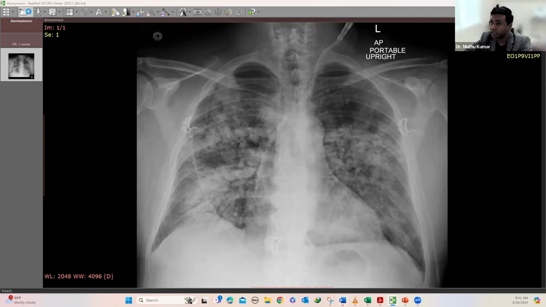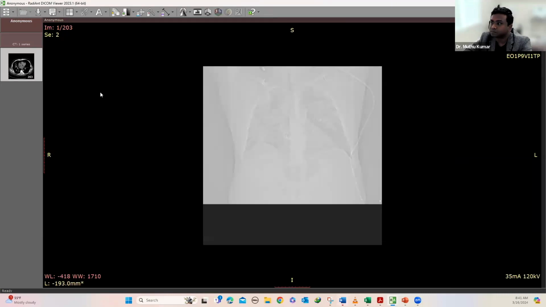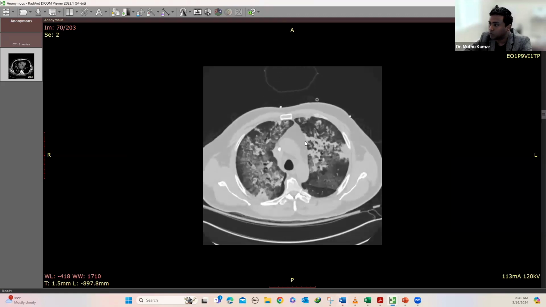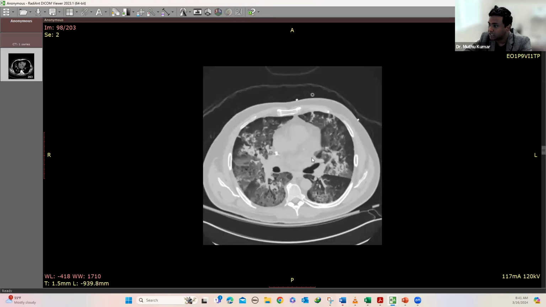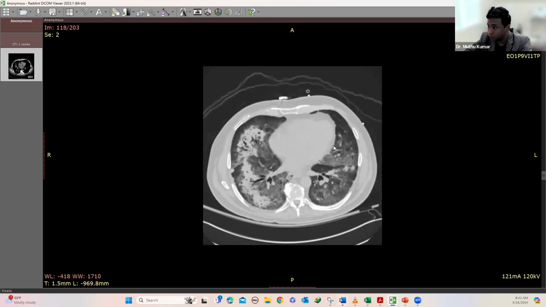So the patient subsequently underwent chest CT. As we scroll down the chest CT, it is very apparent that the patient is having a polylobular arcade of consolidation with surrounding hazy ground glass opacities.